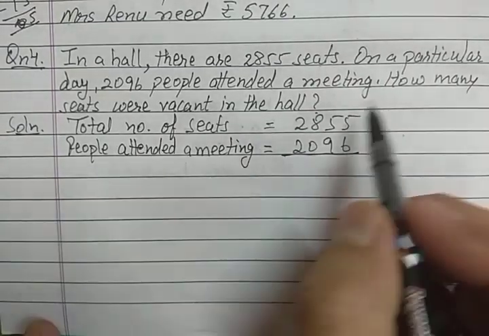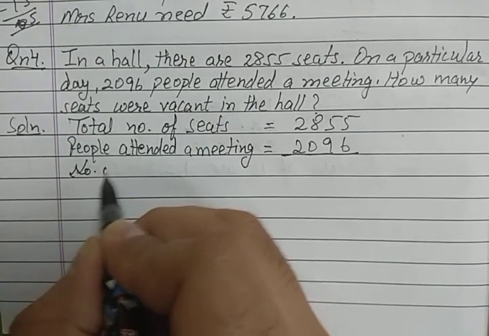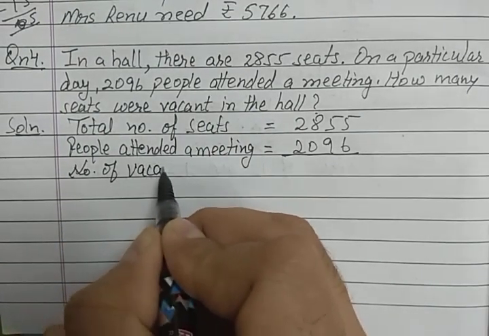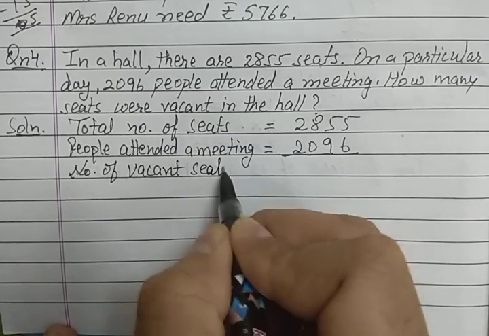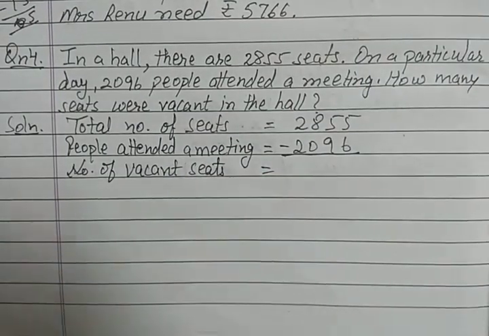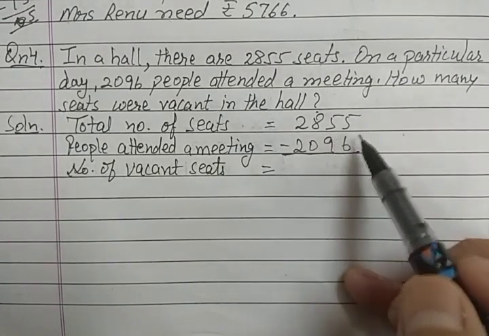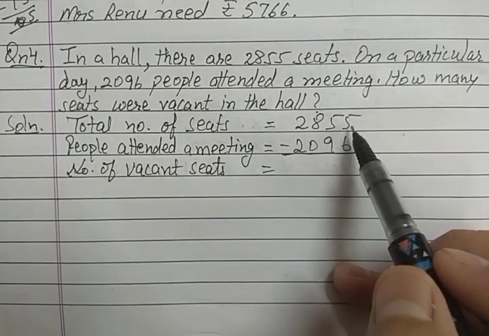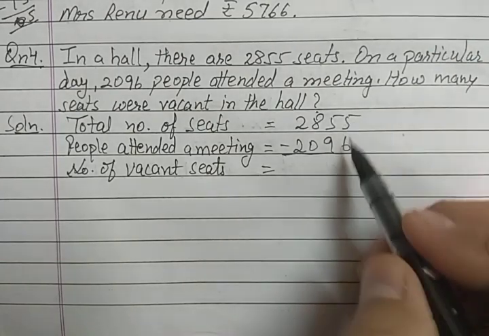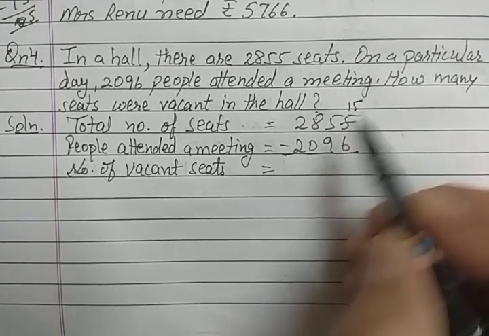Now what we have to find? Number of vacant seats. So to find out the left out, we have to subtract. To subtract it, first of all make the upper digits greater. 5 is smaller than 6, so we will borrow 10 from here, so it will become 15.